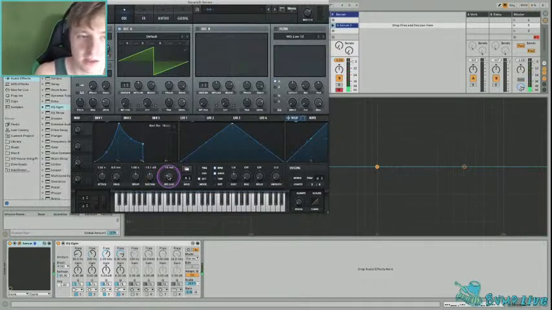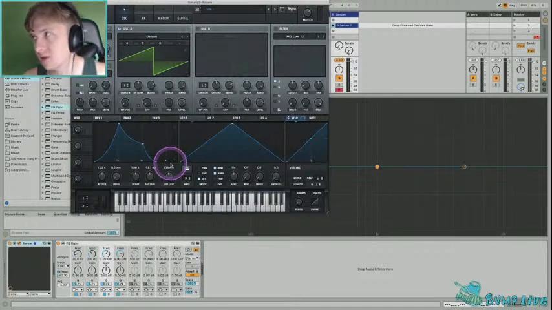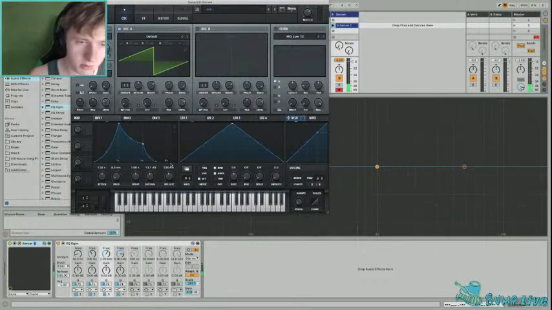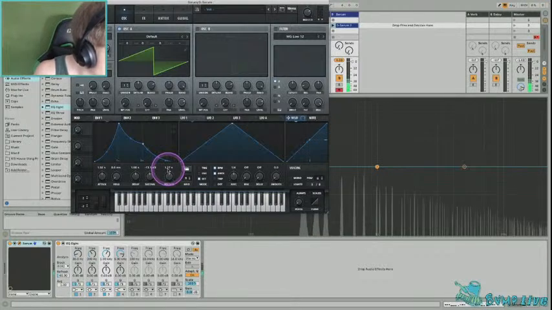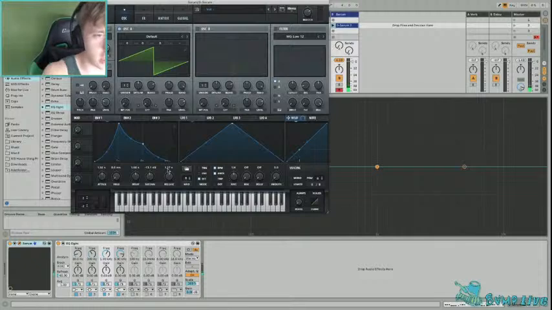And then release, I can pull that out. So when I take my finger off of the note, it will continue to decay away. Right? Let me make it longer. And then it extends on for some time.